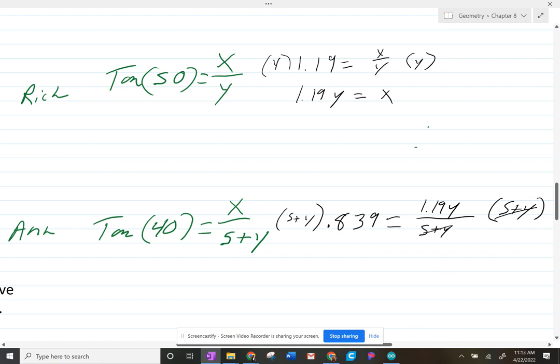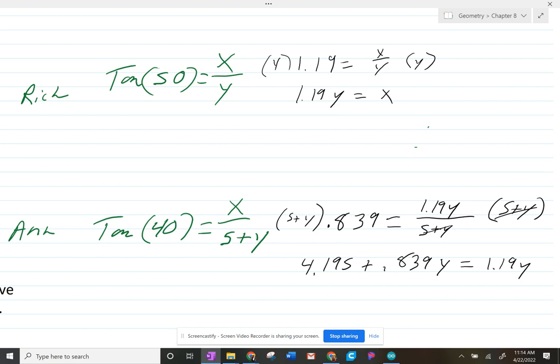I've got 0.839 times 5, so I've got 4.195 plus 0.839y equals 1.19y. Now I'm just going to solve for those variables.